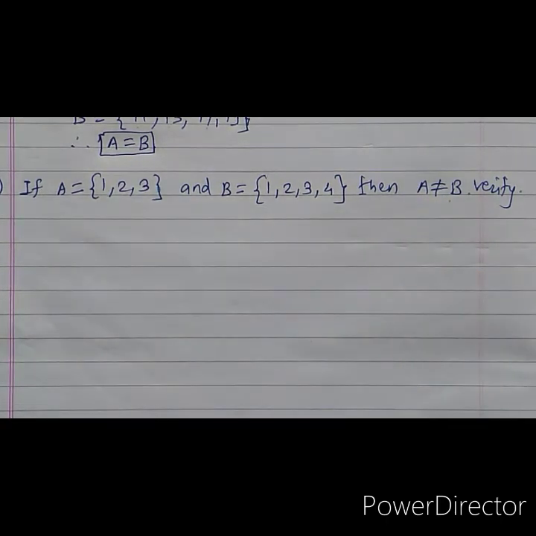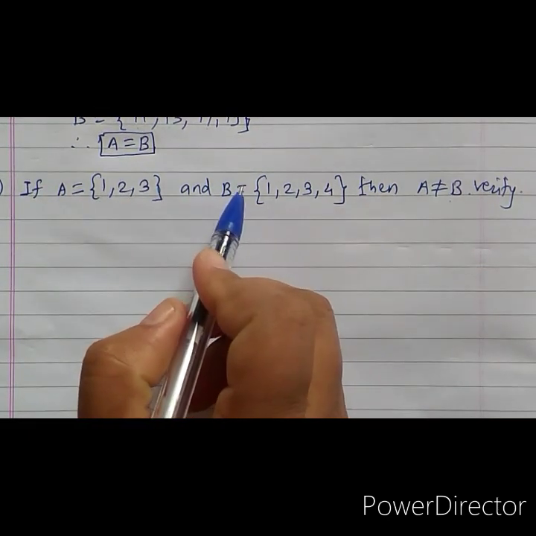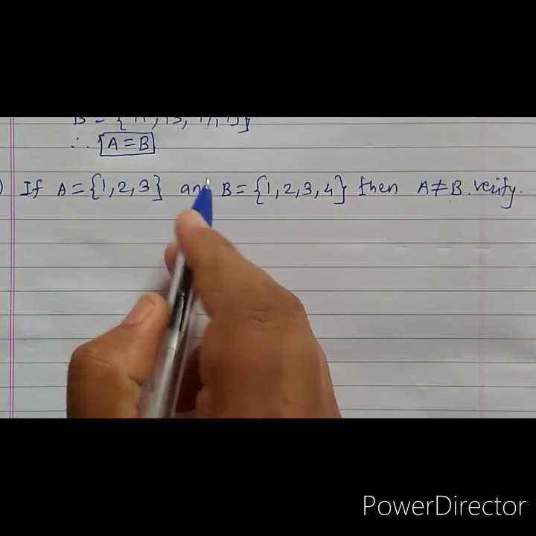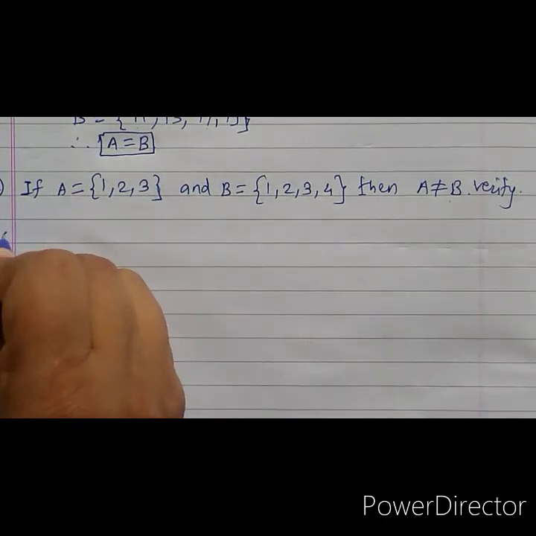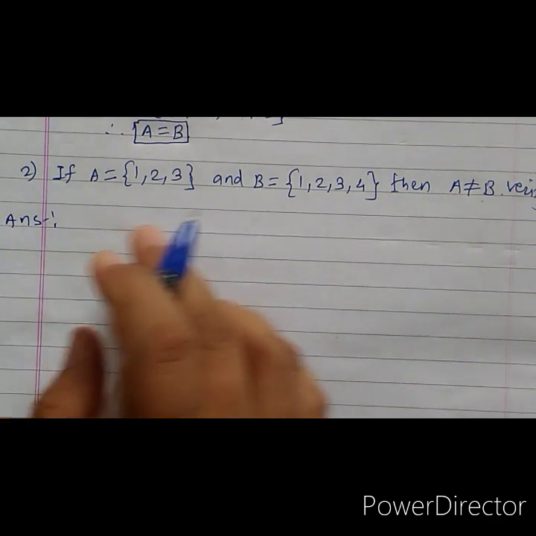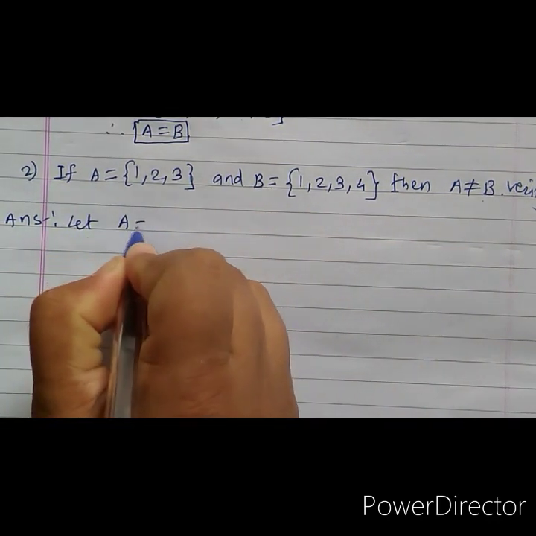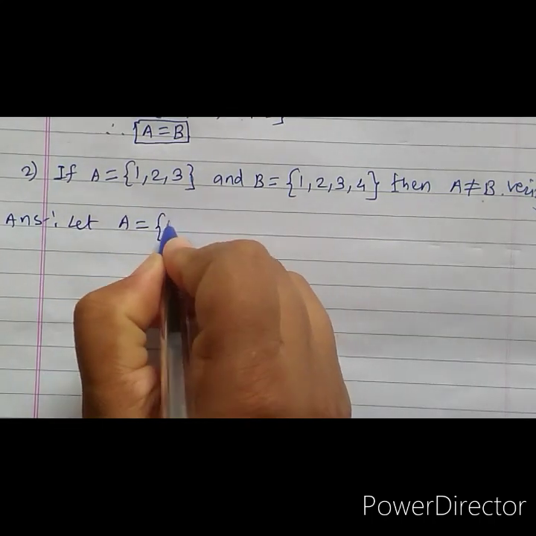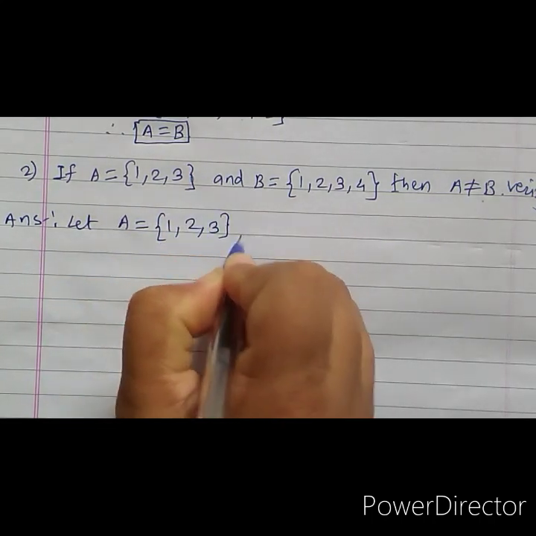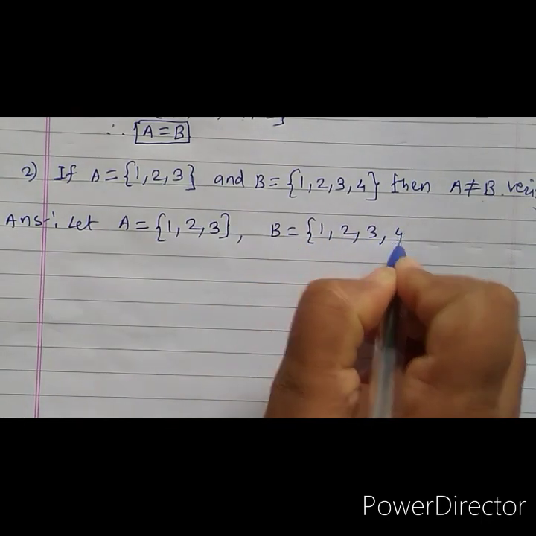Now two sets are given and we have to find out whether these two sets are equal or not. Let A be equal to {1, 2, 3} and set B equal to {1, 2, 3, 4}.